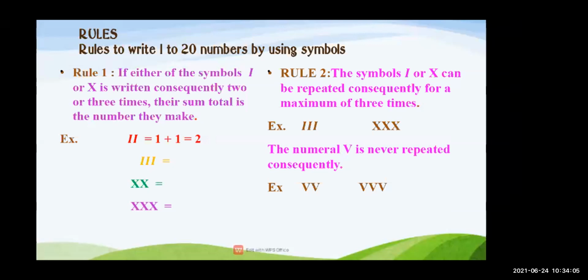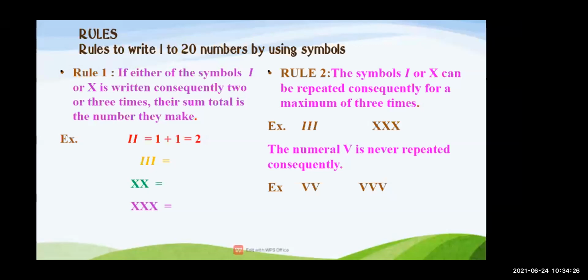Their sum total means if we add them, it will make the number. So which symbol? Only I and X. Only I or X written consecutively, then that number will be added, but it should be written 2 times or 3 times.